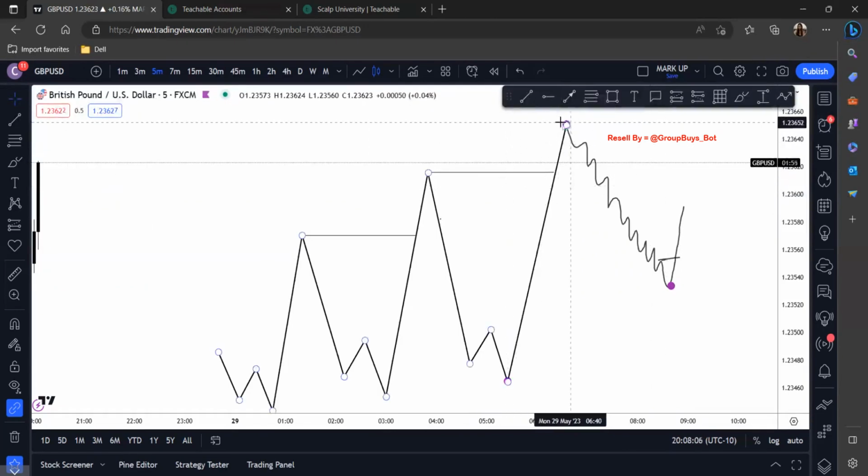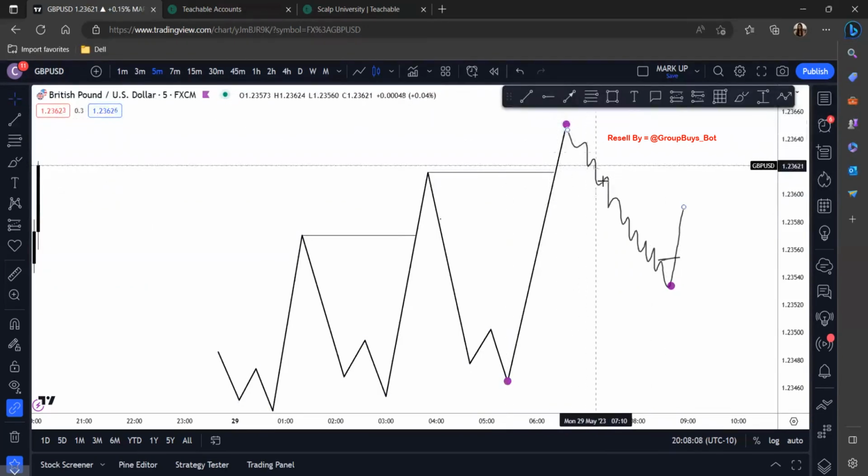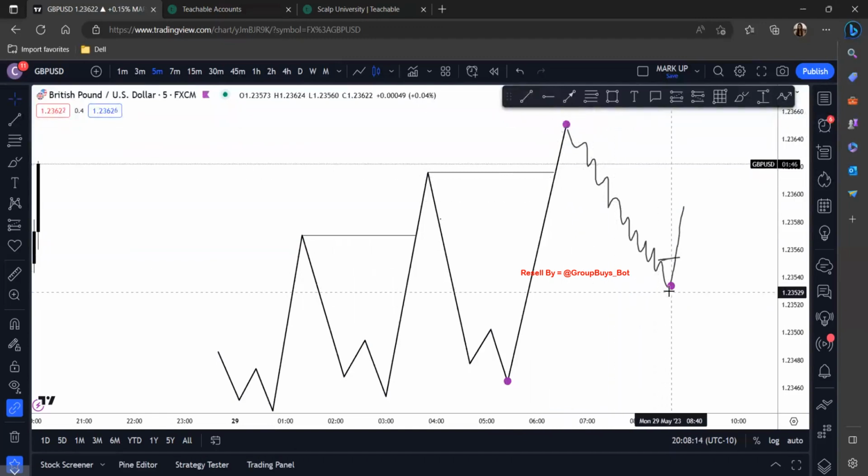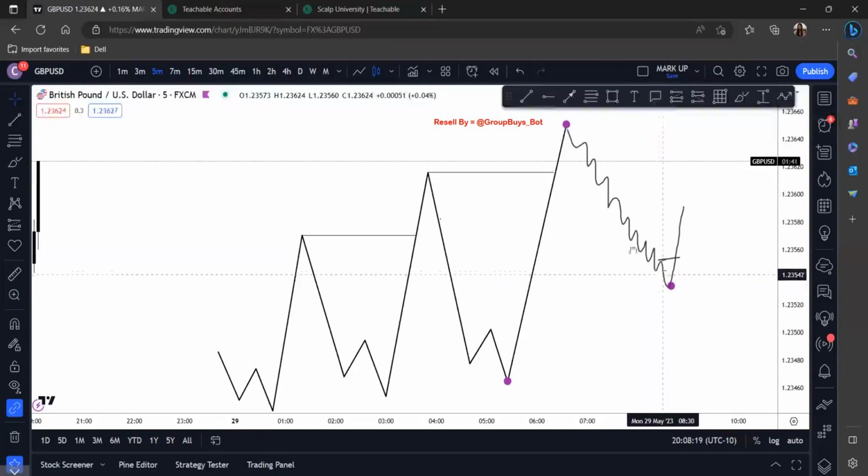Okay, if this high here failed to take out liquidity right here before breaking structure, it is weak. It's a weak low. Okay, so you need to understand that.